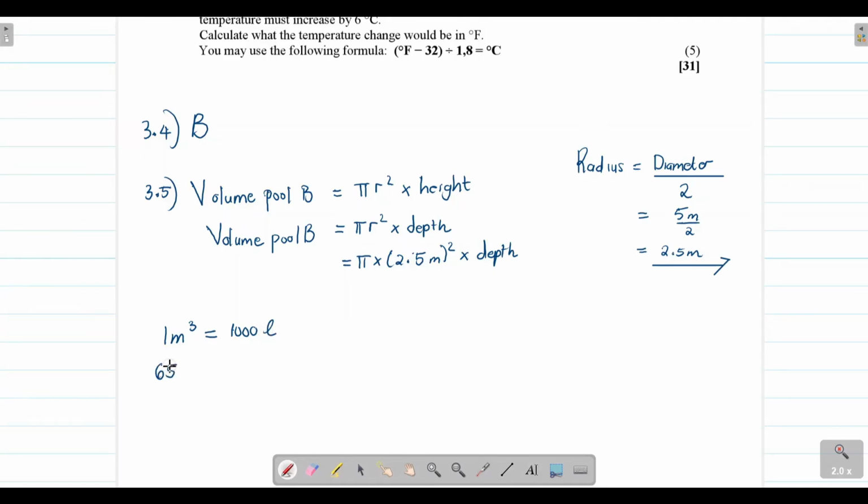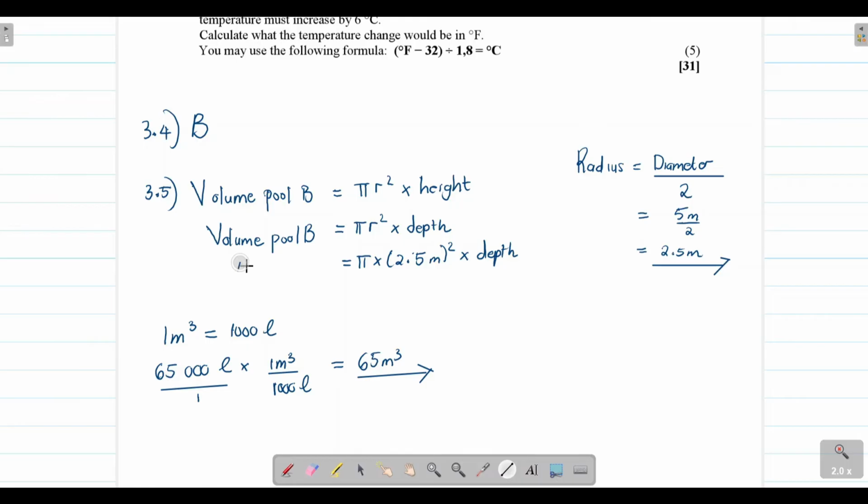So we've got 65,000 liters multiplied by what you want, your units in meters cubed, divided by what you have, which is your units in liters. So 65,000 divided by 1,000 will give you 65 meters cubed. Now that we have our units in meters cubed, we can substitute that into our formula.